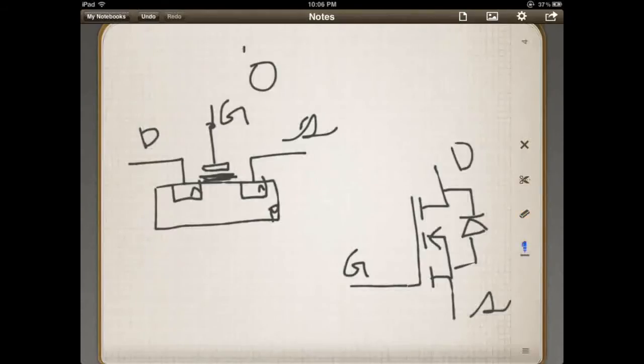When you put a voltage source, plus minus, between these two points, and you ground this point, this is for an N channel, you ground the source here. When you put a voltage here, you're going to draw little electrons up into this channel. And once this charges, I'll show you in the data sheet.